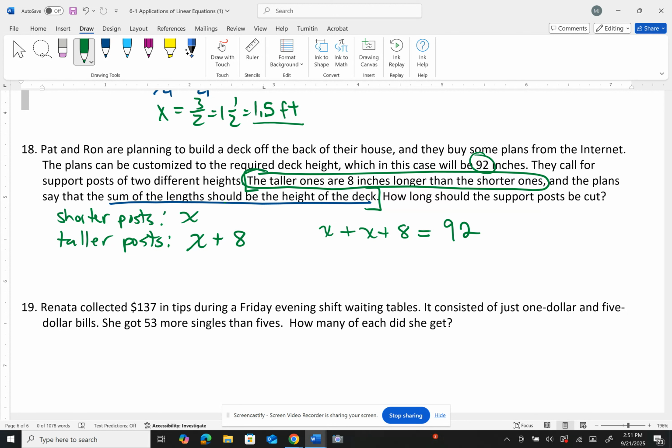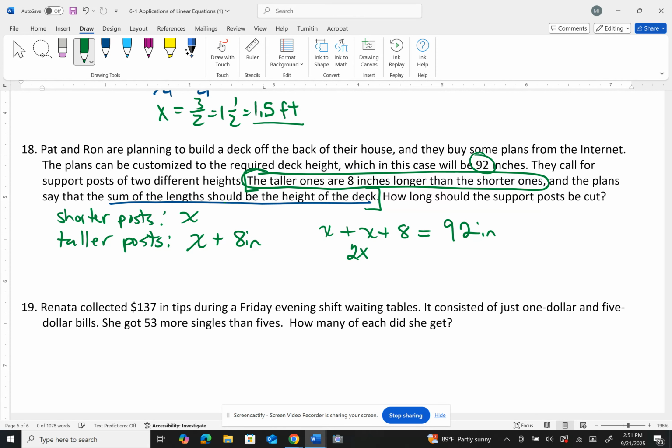Now, there would be an issue if, see, this was in inches and this was in inches. Sometimes things are tricky where one of those might be written in feet, and you'd have to be more careful and get everything into the same unit.